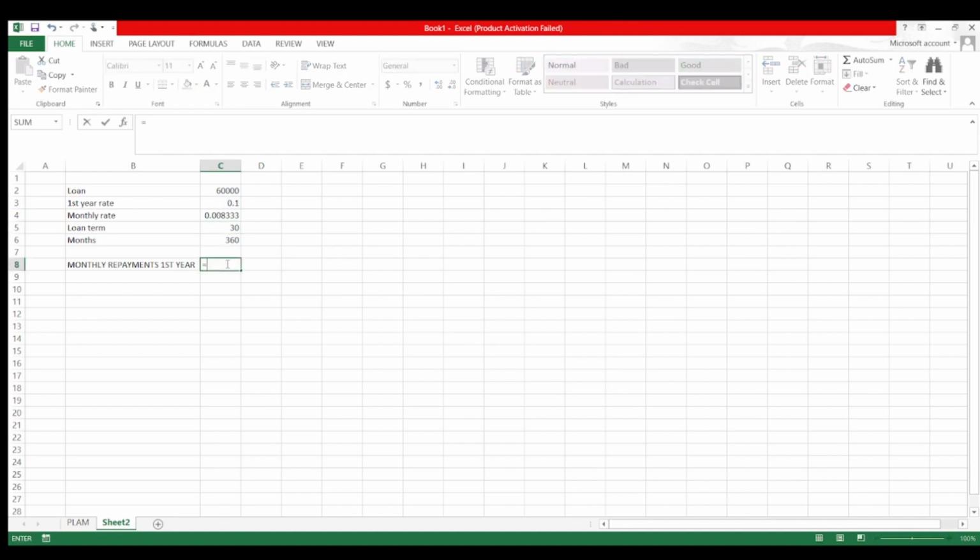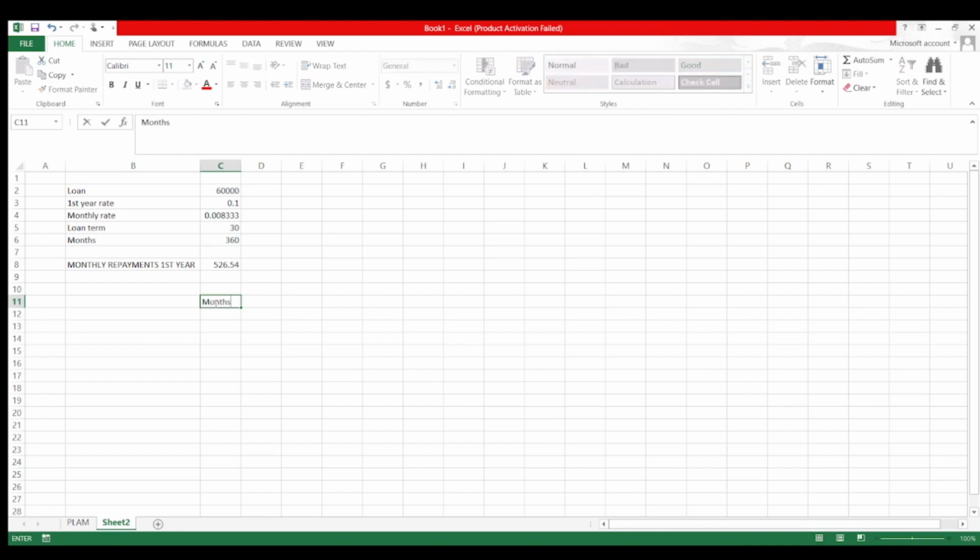Now let's proceed and calculate the monthly repayments. Is equals to PMT. Take the rate, total number of periods, and the loan amount. So in this case, you note that the monthly repayments for the first year will be 526.54. So let's create our amortization table.